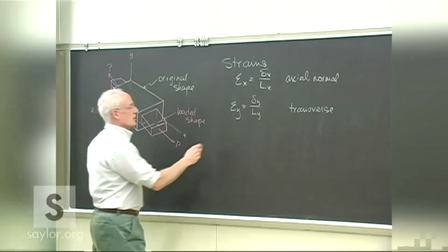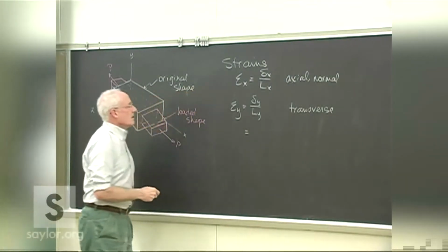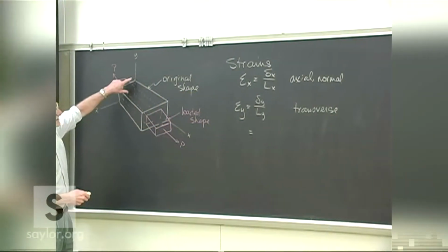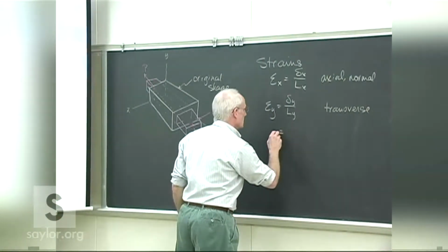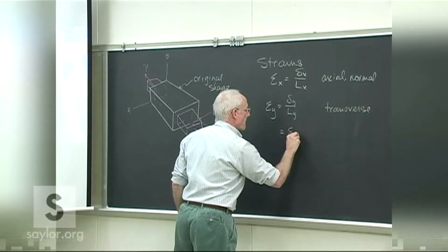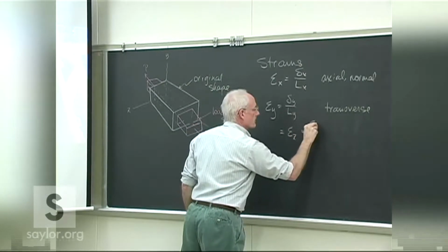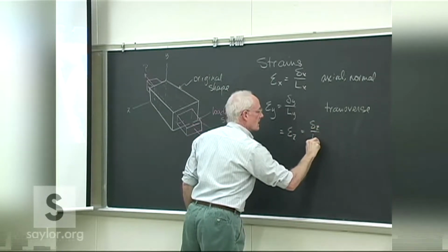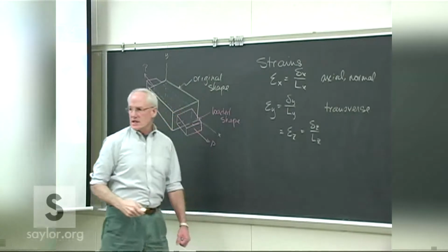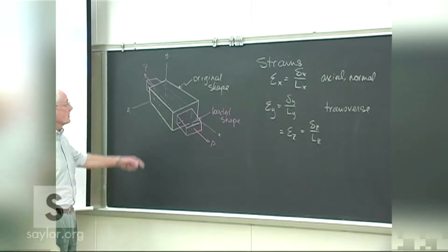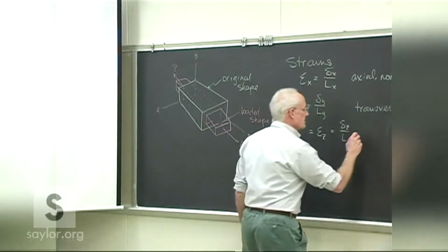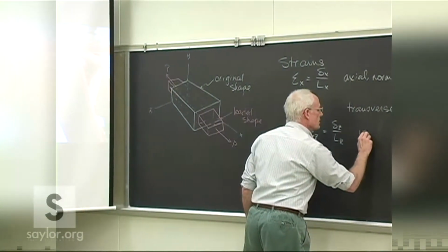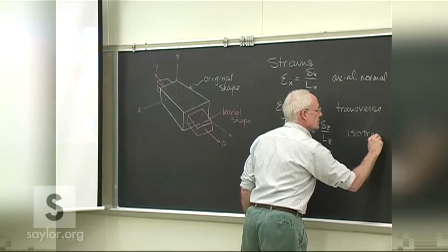We're going to assume that the strain in the y direction is the same as that in the z direction. Since they are both transverse directions, it's arbitrary which one's the y and which one's the z. This means that we're assuming the material to be isotropic.